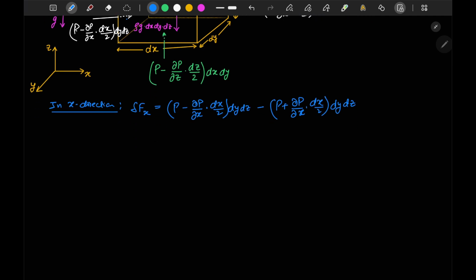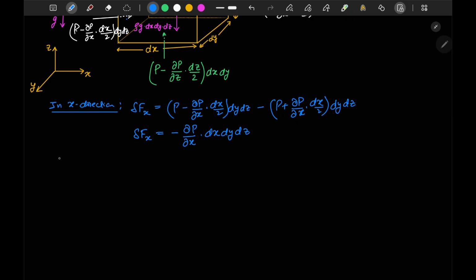Now if I solve this, I will obtain delta fx, the x direction force, as minus del p by del x times dx dy dz. So this is your delta f in the x direction.